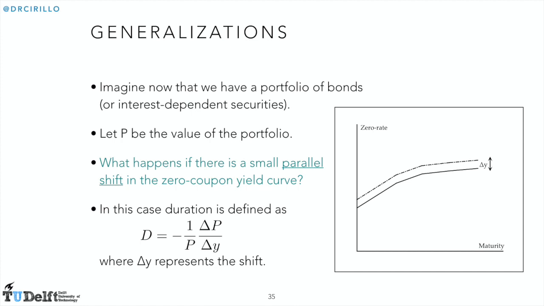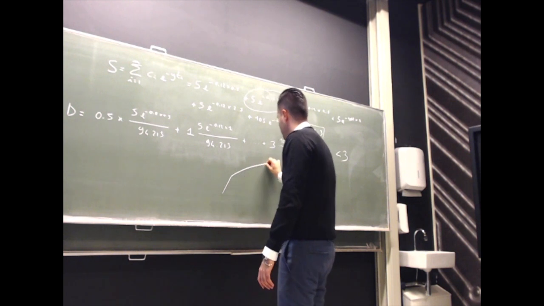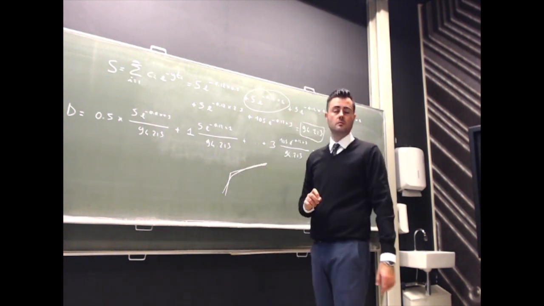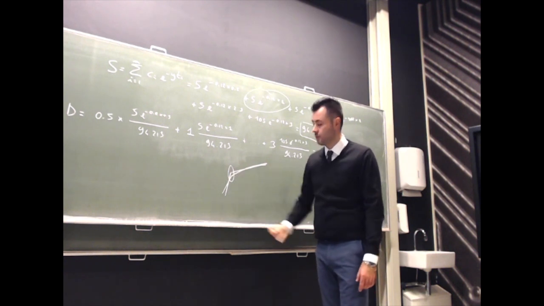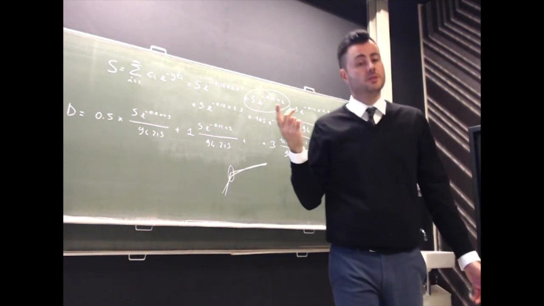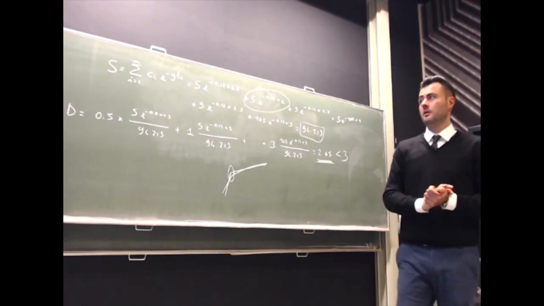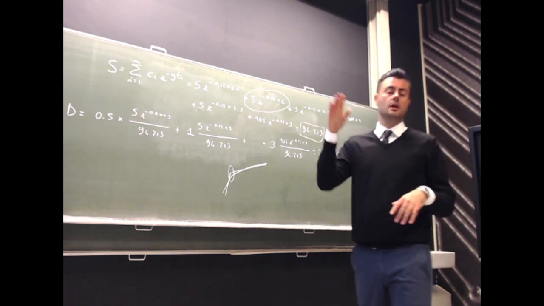In reality, we can have more complicated situations because I can say, okay, this is my curve, and instead of this, I now consider this. So there is only a shift, for example, for one of the maturities, not all the maturities. But this is mathematically more complicated, so we ignore it here. We just consider parallel shifts.